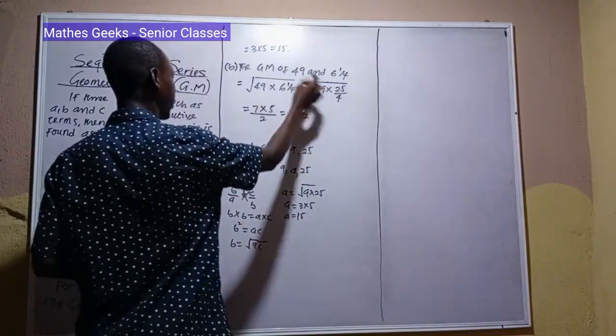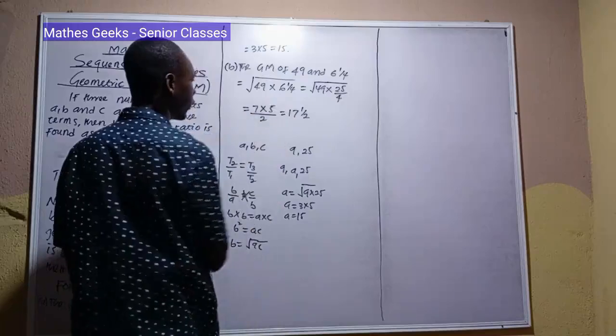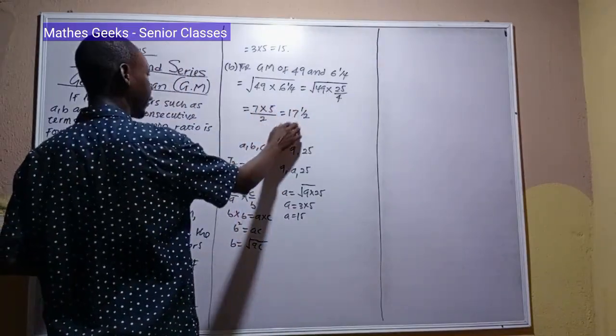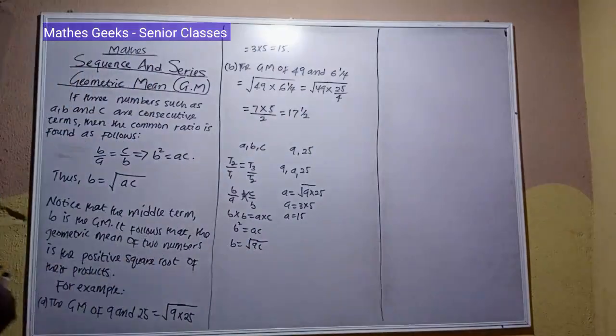The square root of 49 is 7, the square root of 25 is 5, and the square root of 4 is 2. So when you simplify, we have 17 equal to 1 over 2. So bear in mind that the geometric mean of two numbers is the positive square root of the product of those two numbers.